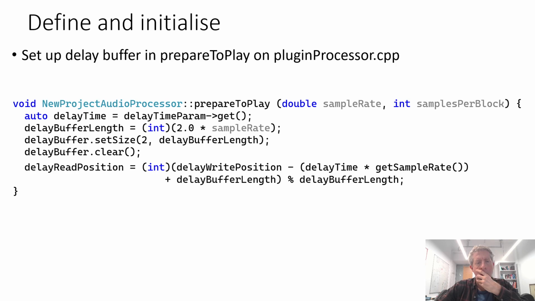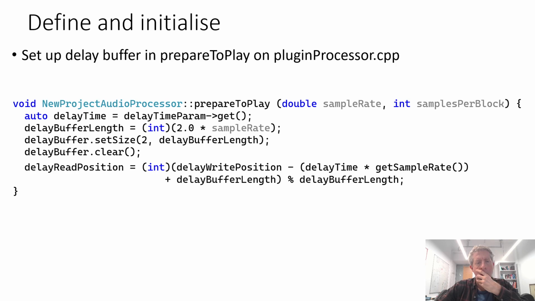We set the size for that also with 2 channels, so a left and a right channel for the delay buffer length. And we set the read position as a function of the write position. Basically, we're keeping however many samples of delay for the distance from read to write pointer with some wraparound.